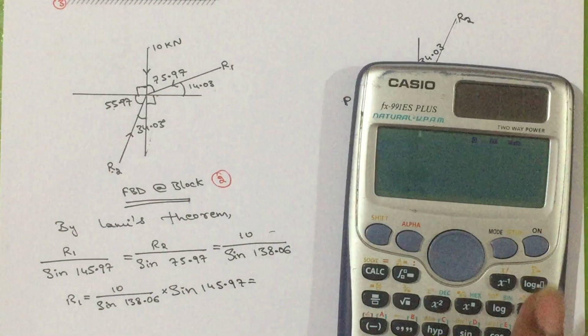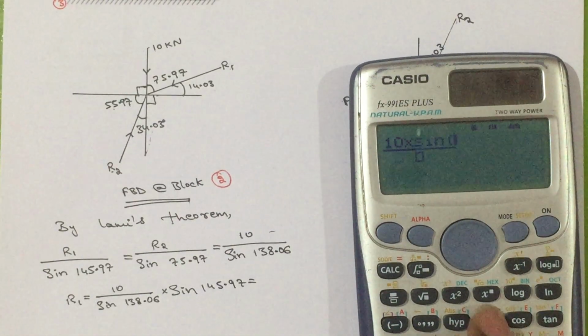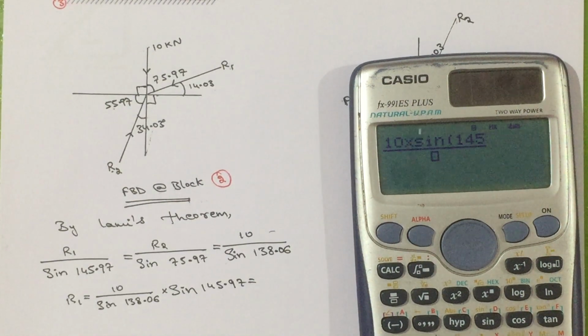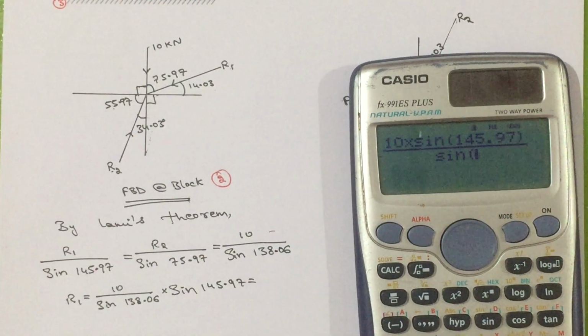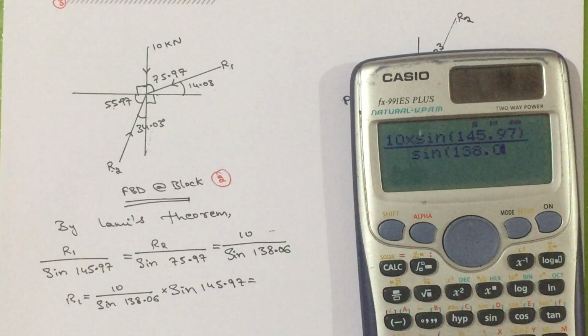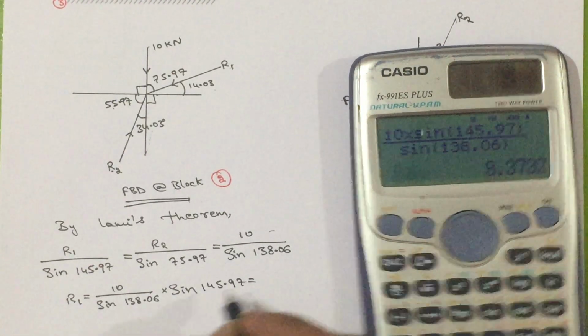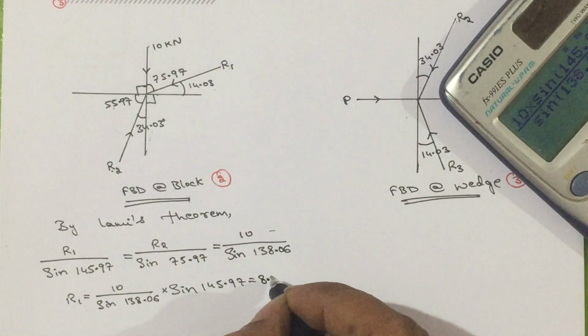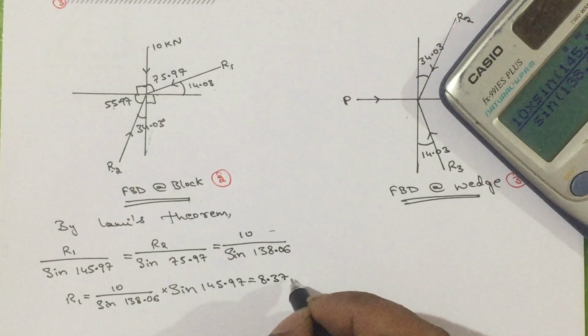You are going to get the value as 10 multiplied by sine of 145.97 divided by sine of 138.06, which is 8.37 kilonewton.